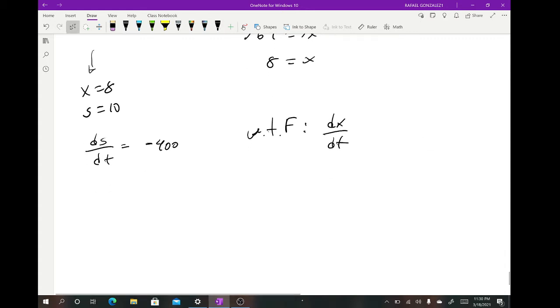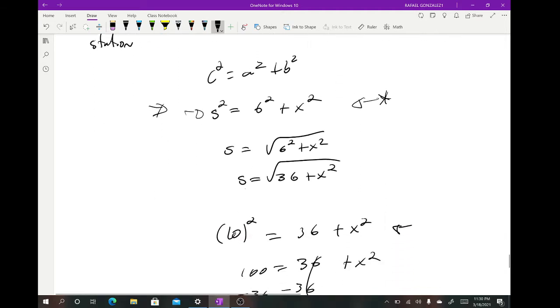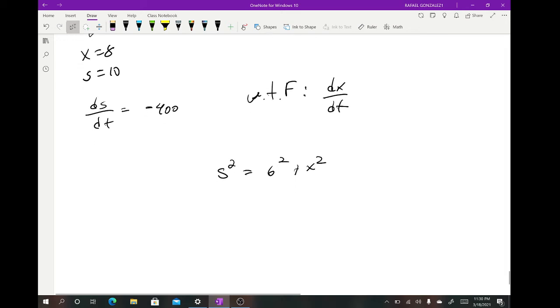So from above we have s squared equals 6 squared plus x squared. That's from, again, this formula right here, the Pythagorean theorem. We could now take the derivative implicitly on both sides with respect to t. So we will have 2s times dS/dt being equal to, remember the derivative of a constant is just 0, so that goes away. And the derivative of x squared is going to be 2x times dx/dt.